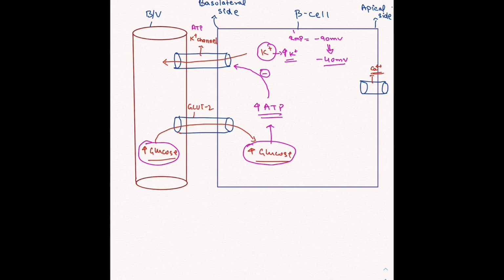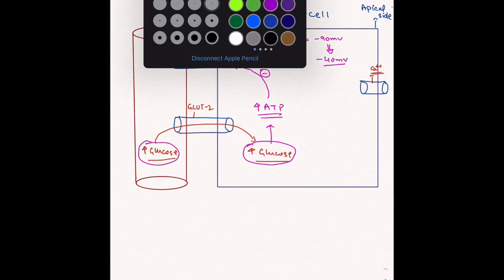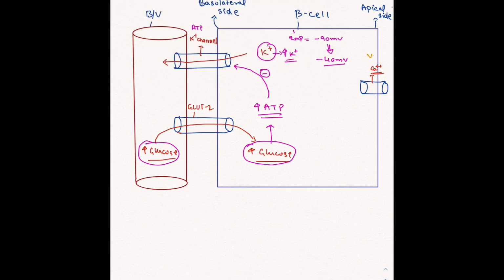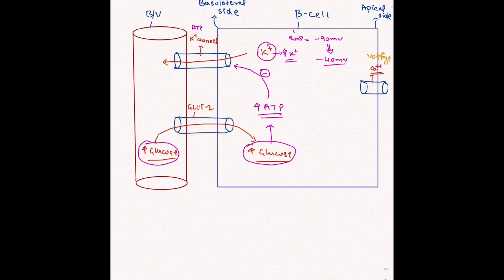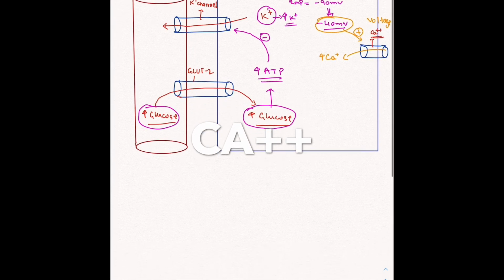Now this calcium channel, unlike the potassium channel, is voltage sensitive. So whenever the voltage reaches minus 40, it will stimulate the channel and cause more calcium ions to enter the beta cell.